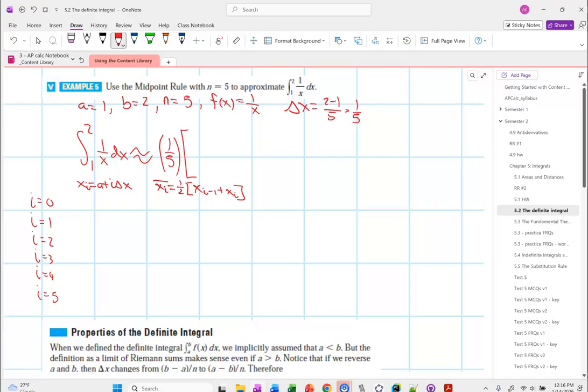So I'm going to calculate my x sub i's, and just kind of make a little table here. So I have a, which is 1, plus 0, which is i, times 1/5, which is delta x. And I'm going to have a, which is 1, plus i, which is 1, times delta x, which is 1/5.